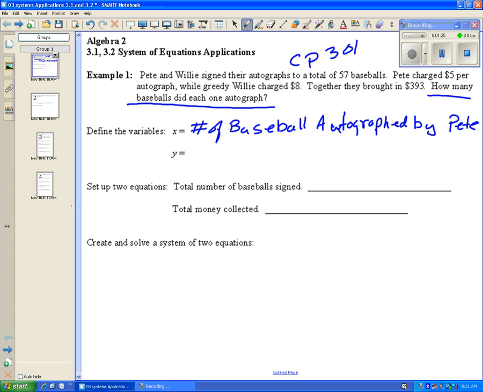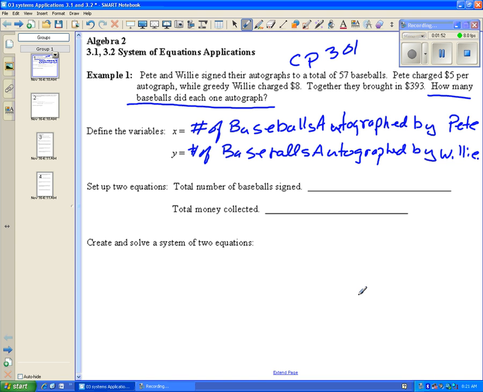You could call it P if you really wanted to, but X is what we usually do. Y is the number of baseballs autographed by Greedy Willie. We're just going to say Willie. So I think they're both greedy because who charges for an autograph? But anyways, set up two equations.